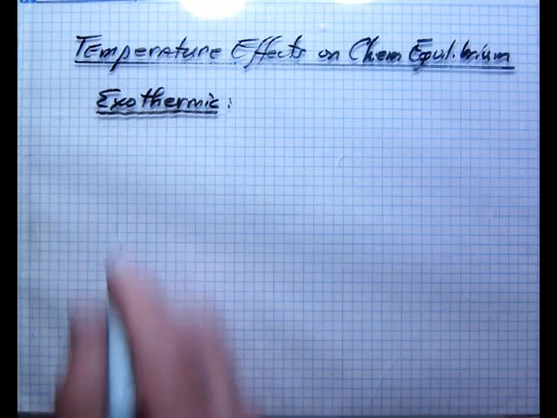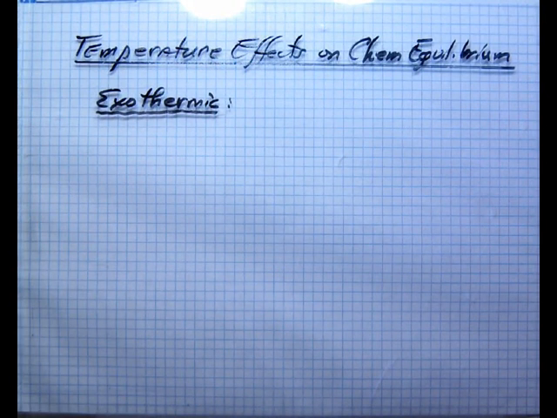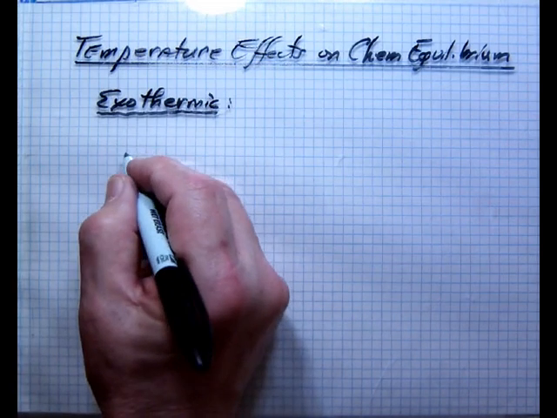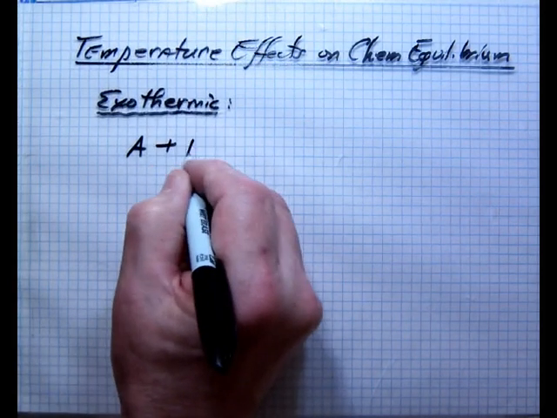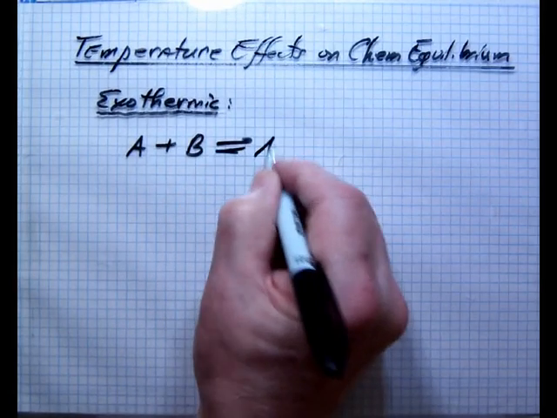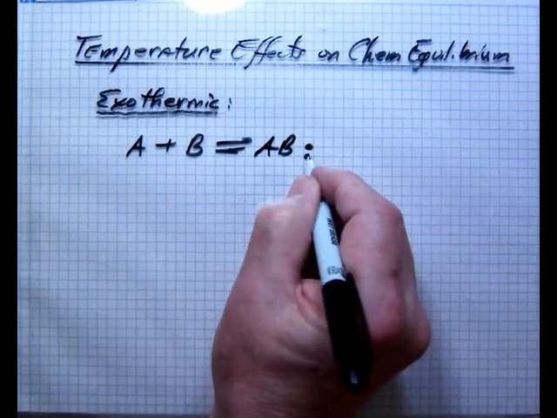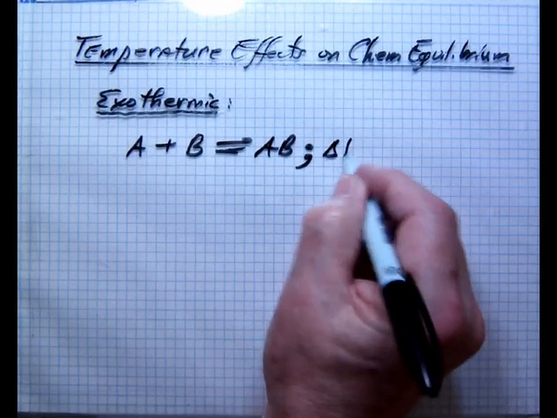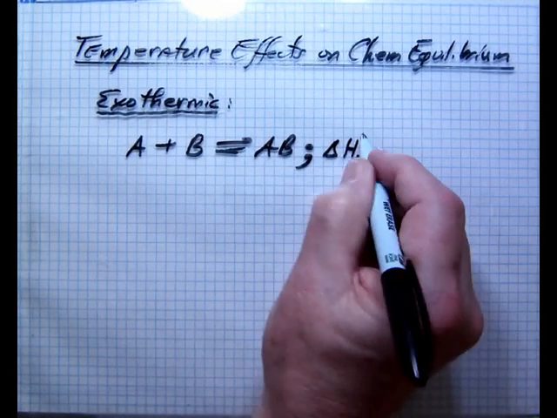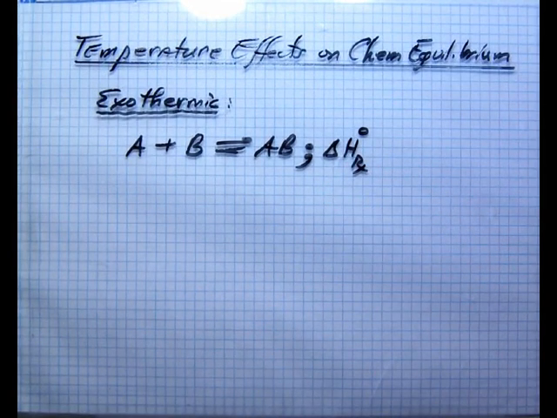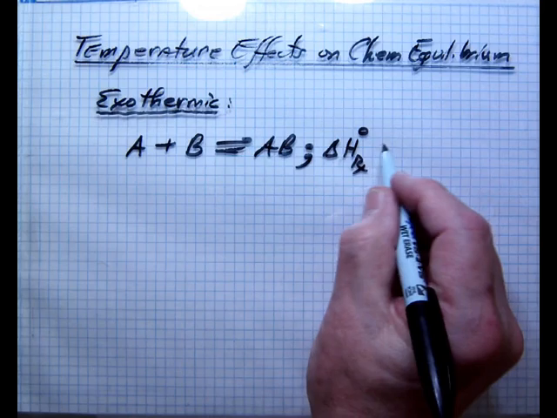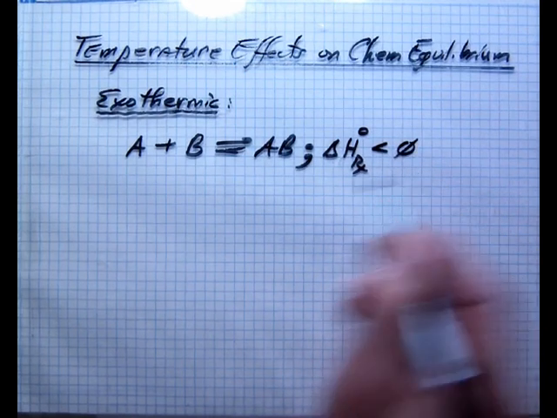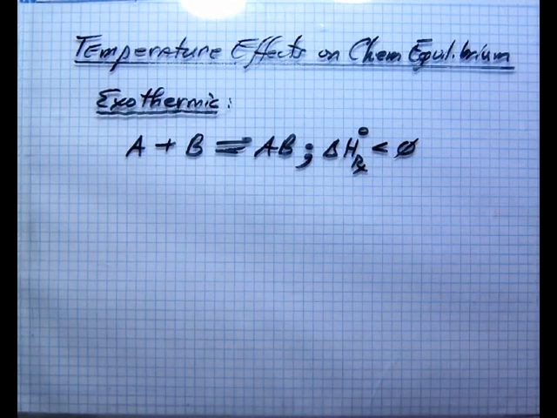The convention is to apply either a detached energy number or attach the energy number within the equation. If it is detached, A plus B goes to AB, you'll see a semicolon and a delta H of reaction, and it will be a number less than 0.